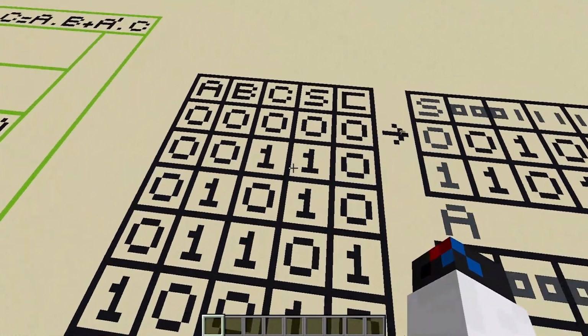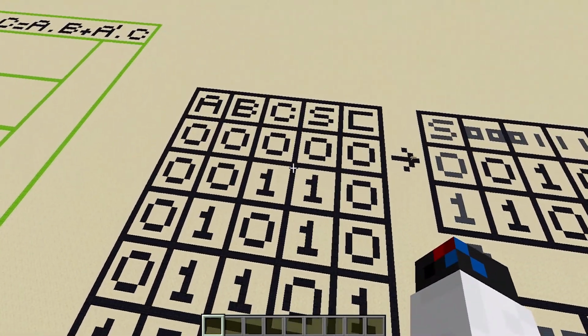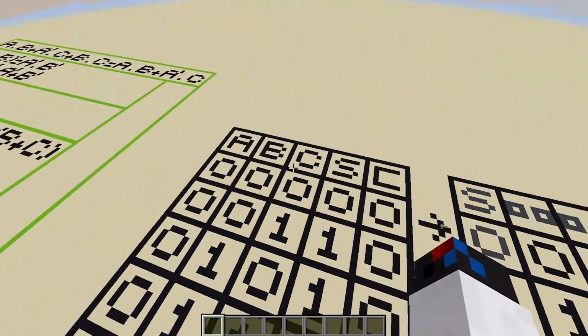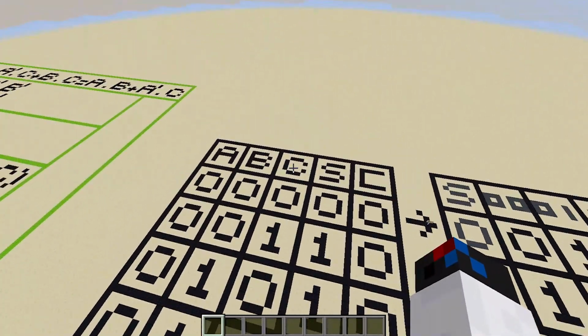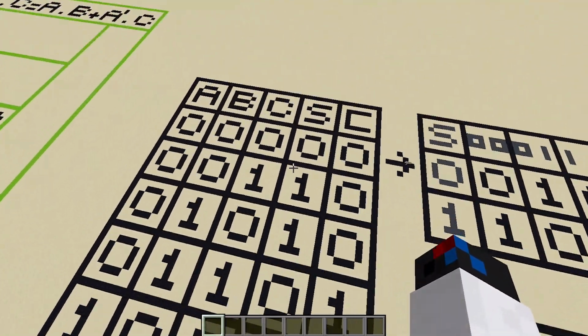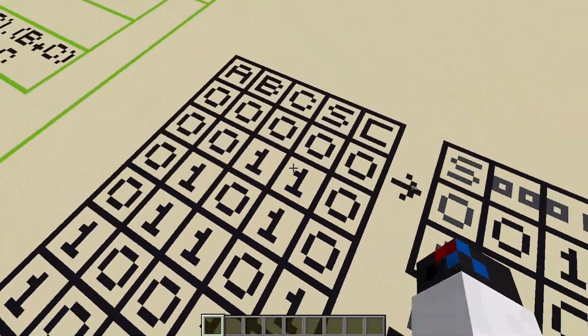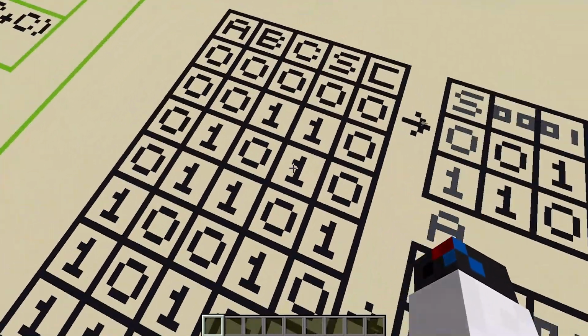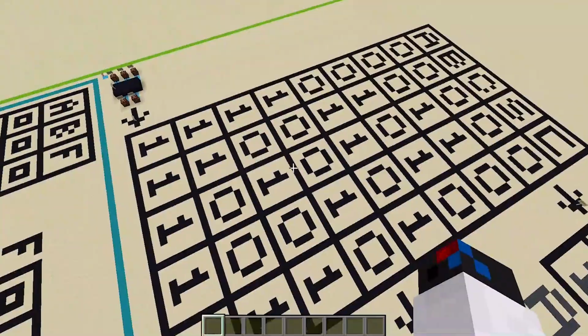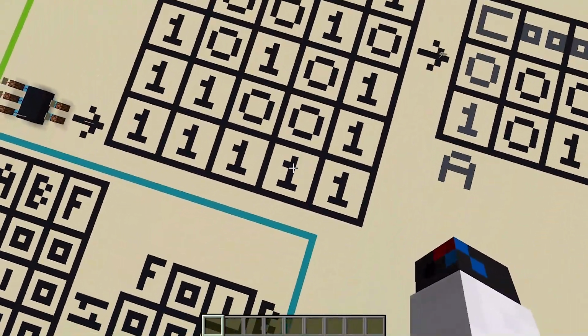Now back to the truth table, we are going to look for all of the input combinations of A, B, and C which give us 1 at the S output. So I can see 0, 0, 1 and 0, 1, 0 and then 1, 0, 0 and also 1, 1, 1.